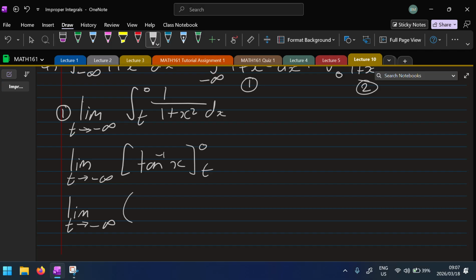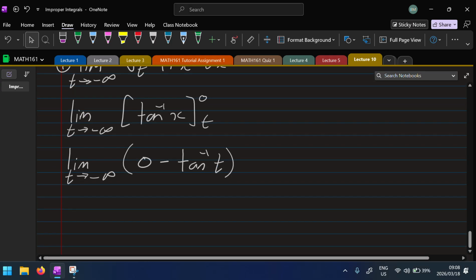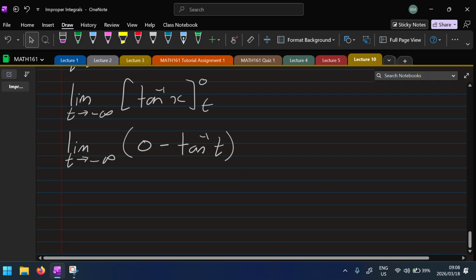What's tan of 0? 0, yeah. So arctan of 0 is 0, minus, and then we substitute t. Okay, so the 0 we don't have to worry about. The minus we can take out. So we just have the limit of arctan.